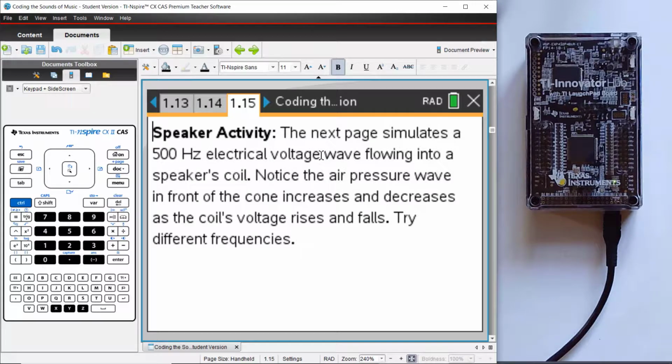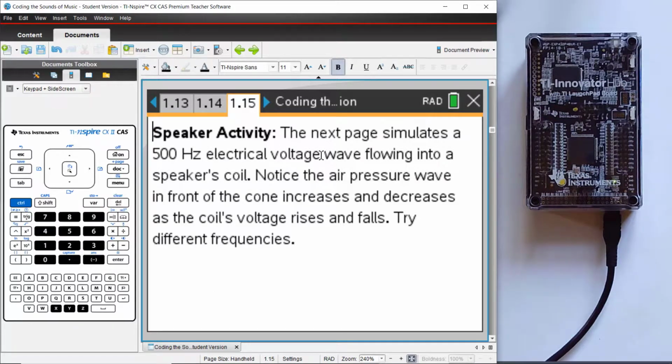And that voltage wave goes into the speaker coil. Remember, the coil is that winding of wire around the toilet paper tube. And notice that as the voltage rises and falls, it creates an air pressure wave in front of the cone that also rises and falls, similar to those diagrams that we looked at in the previous video.